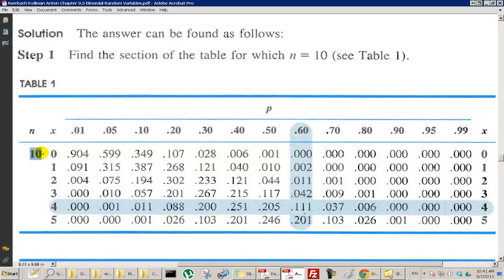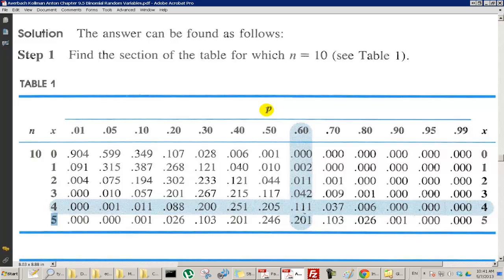So x can be as small as 0, and it can be as large as not just 5. This is just a part of the table. X could go up to 10, right? If you toss a coin 10 times, you could get 10 successes or 10 heads. So this is just the part of the table that goes from 0 to 5 here.